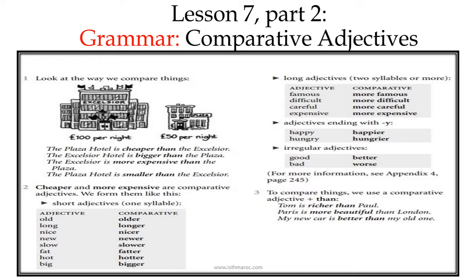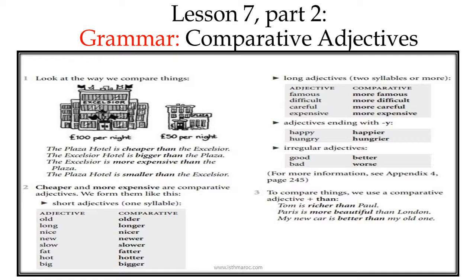The second, the Excelsior Hotel is bigger than the Plaza. Bigger, the adjective is big, and we double the G and we add er, and of course than is also obligatory. So when do we double the letter? When we have consonant, vowel, consonant.